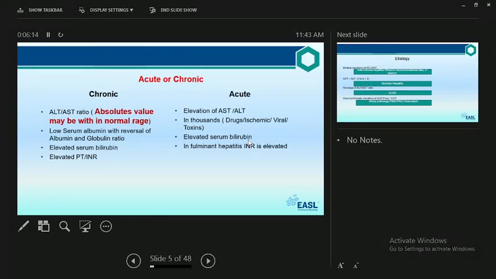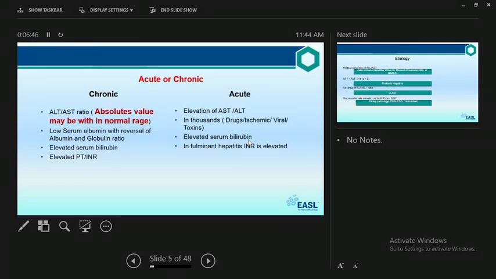Not only that, you can get an idea what sort of liver disease it is, whether it's chronic liver disease or acute liver disease. The AST, ALT level may not be important in chronic liver disease. It could be absolutely normal. So passing the liver profile with normal AST, ALT is very dangerous, because what you have to check is the ratio. The ALT-AST ratio is important.